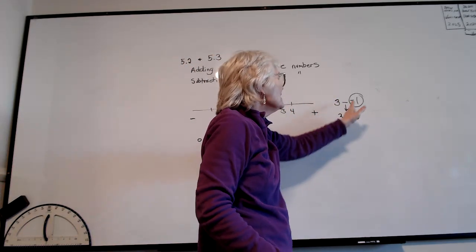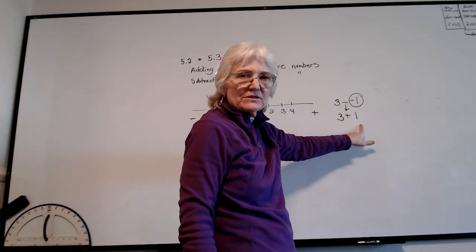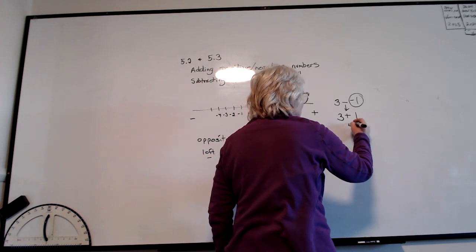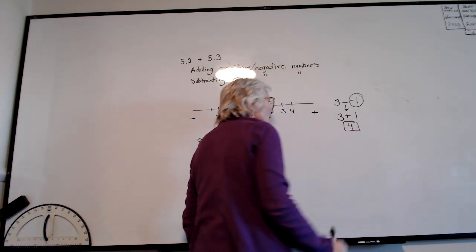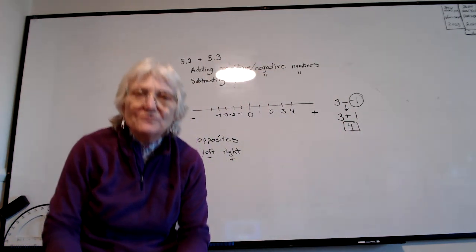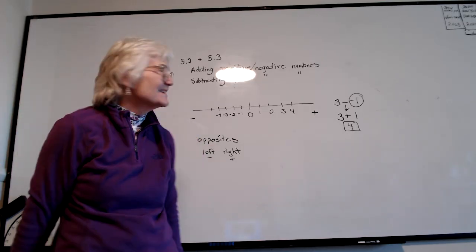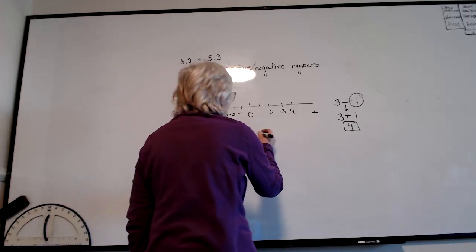So it's adding the opposite of -1, which is 1. That we know pretty easy. We've done this many times. It's 4. Okay, that's not hard. When you get to that point, don't make it complicated. You know those answers.